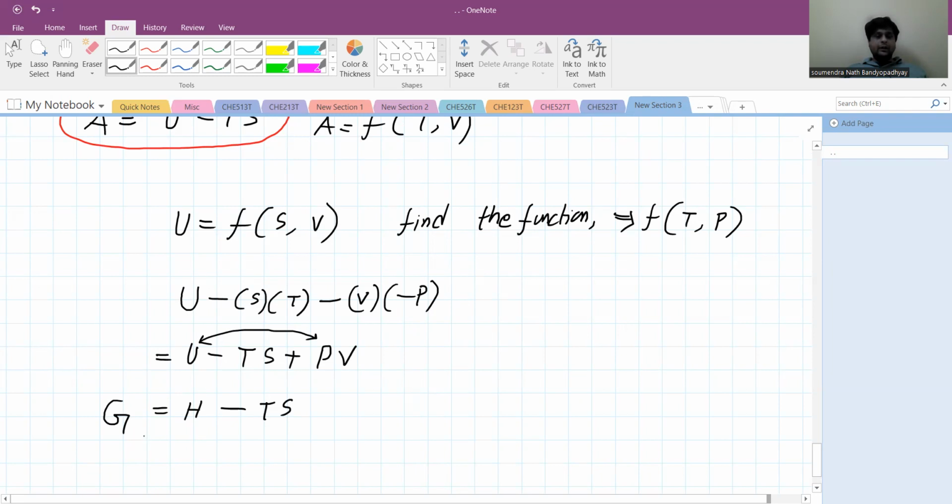So G equals H minus TS, or G equals U minus TS plus PV, or from here you can club these two and say it is equal to A plus PV. So these are all the same things.